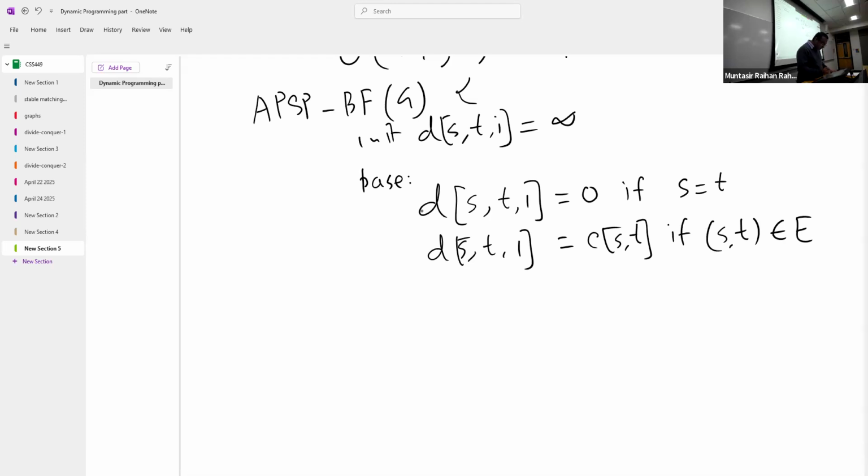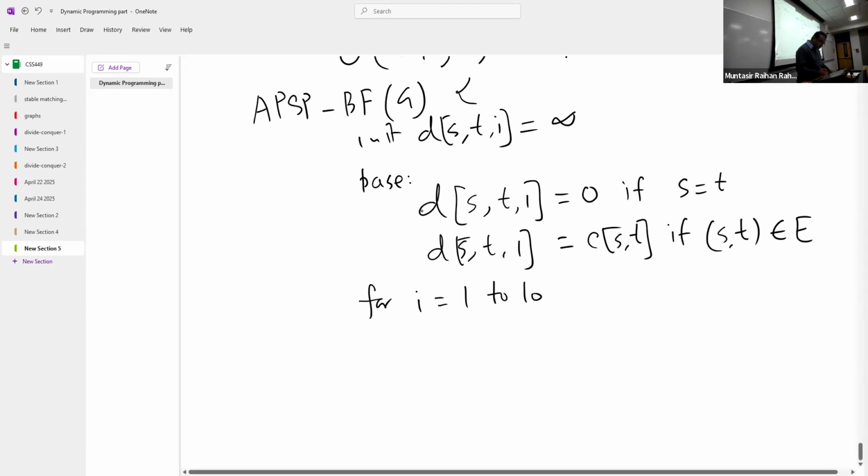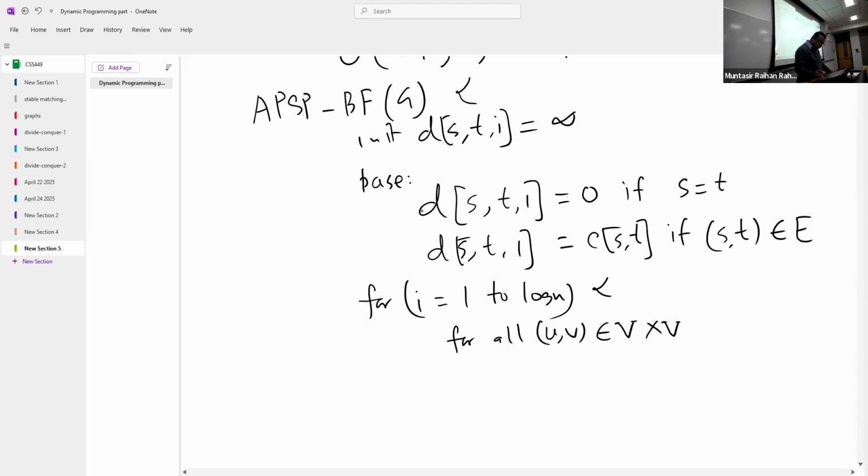And now we have the general case. So I now varies from 1 to log of n, right? And then for all S, T pairs in the graph, what do I do?